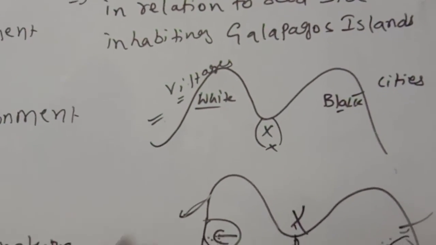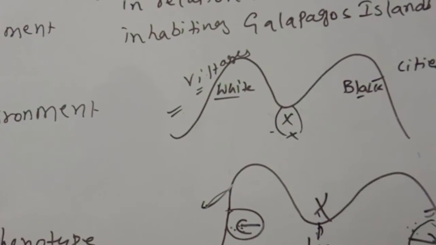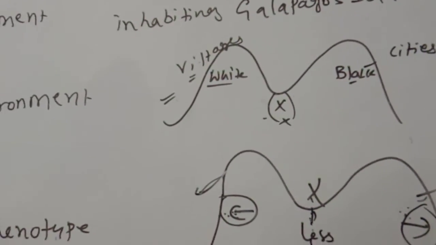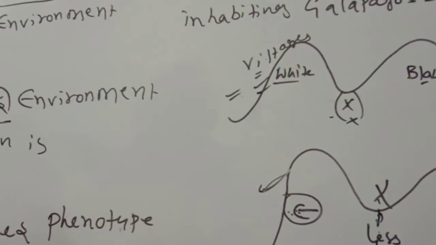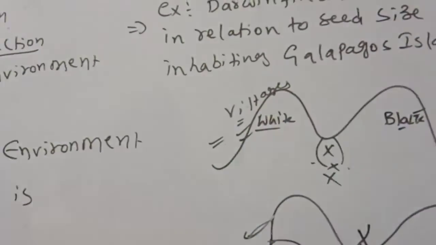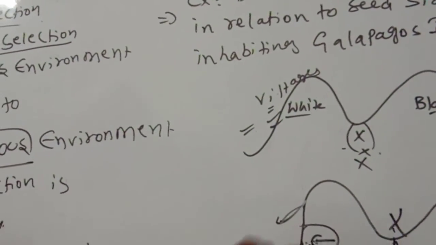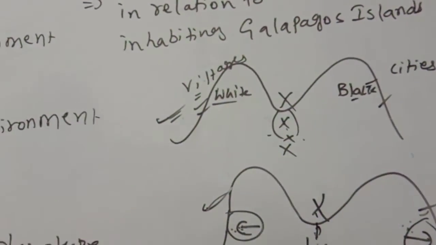This is also an example of disruptive selection: only the extremes survive, and the average ones are eliminated.